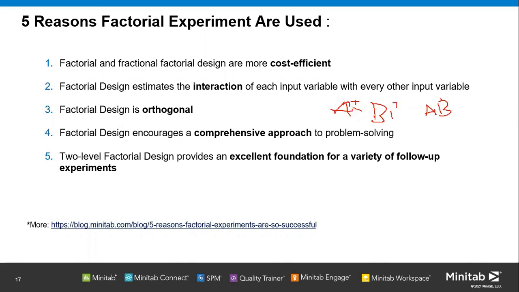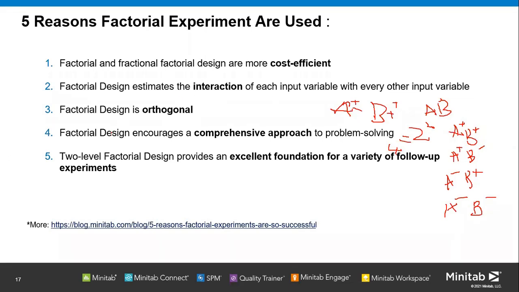The first one is A plus, B plus. Then A plus, B minus. Then A minus, B plus. Then A minus, B minus. So 2 power of 2 equals 4. This is the combination, so we also consider the interaction between A and B.